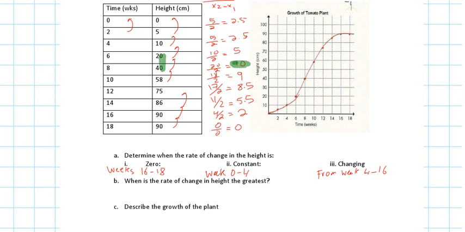That means in these 2 weeks, it grew by 10 centimeters versus the other ones, it grew by 5 or 9 or 8.5 centimeters per week, right? But in this week, it was 10 centimeters per week, right? So it would be between week 6 and 8.